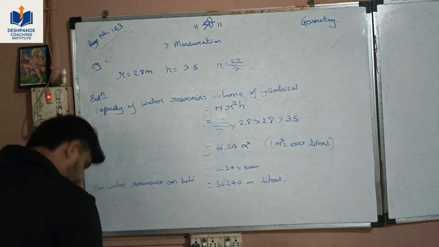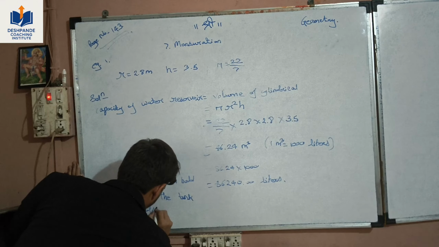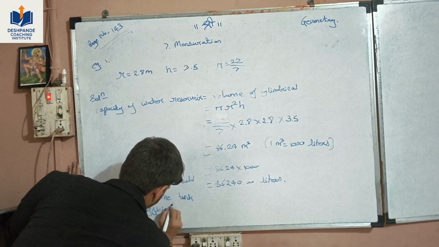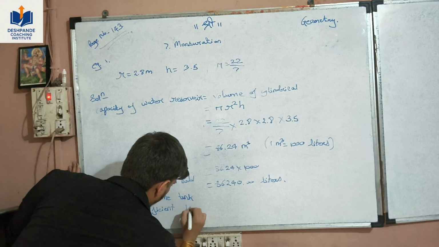The water in the tank is sufficient for, we divide this by 70. 86,240 divided by 70.